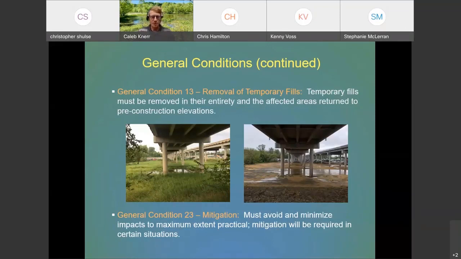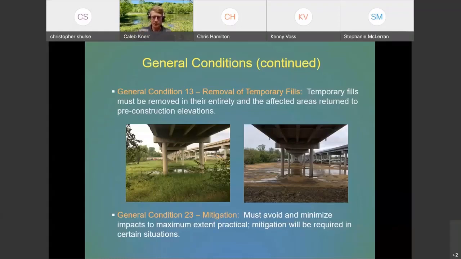General Condition 23 talks about mitigation, and essentially this one says that you must avoid and minimize impacts to the maximum extent practical. So when we're reviewing projects on the RES system, like Chris talked about earlier, and we see that there are slope limits or things that could be tightened up, or different things done in design, or even moving certain structures, we may ask about that.